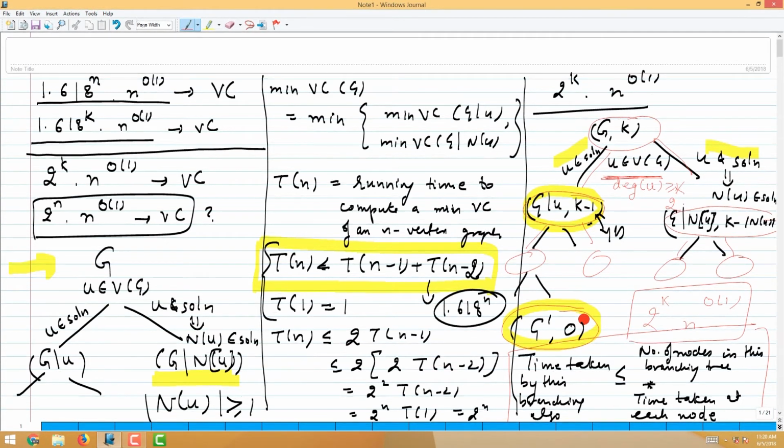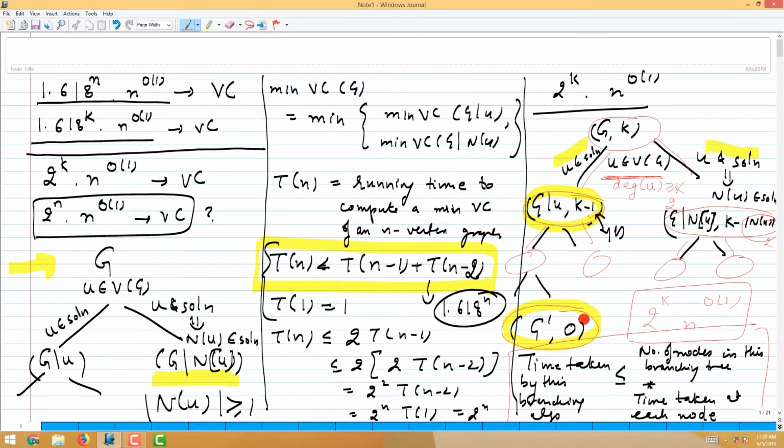So if u goes to the solution, fine, we put u in the solution, and decrease k to k minus 1. If u does not go to the solution, all the neighbors go. But what is the size of this? It will be at least 2, right? So now at least intuitively it looks like this branching tree will not be a complete binary tree now.